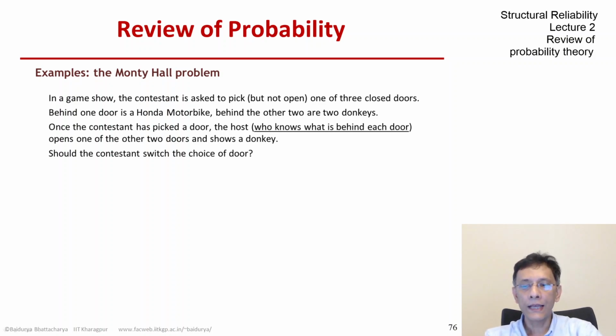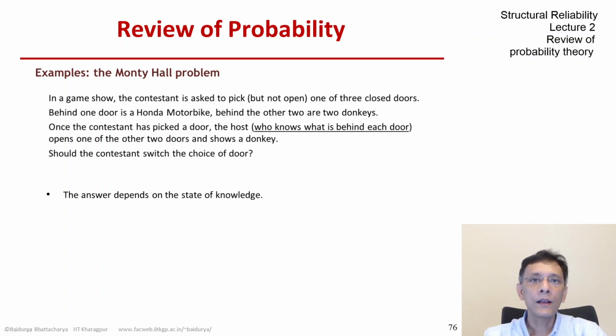The answer is that it is to the contestant's advantage to switch. The probability of winning increases from 1/3 to 2/3. But what I would like to point out is this answer depends on the state of knowledge.